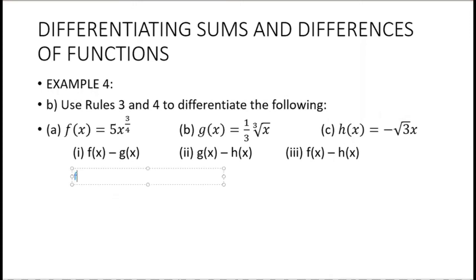So, ang mangyayari dyan ay f prime of x minus g prime of x, and it is equal to, so equal ngayon yan sa ang f of x natin ay, pag kinuha natin ang derivative niya, magiging 15 over 4 tapos x raised to 3/4 minus 1, negative 1/4.